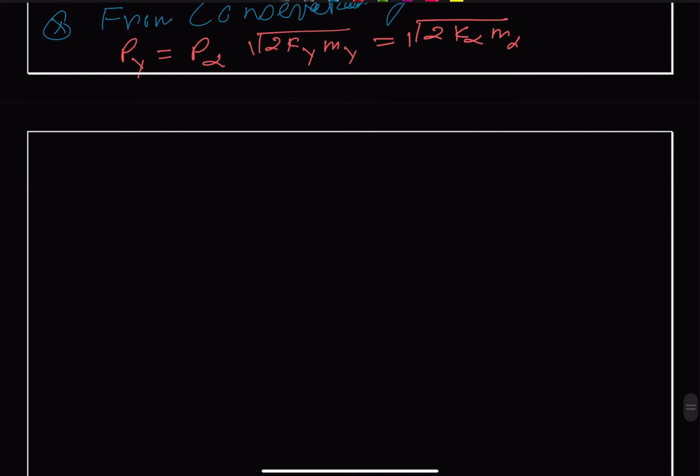So this gives us that our kinetic energy of y will be equal to m alpha divided by m y times K alpha.